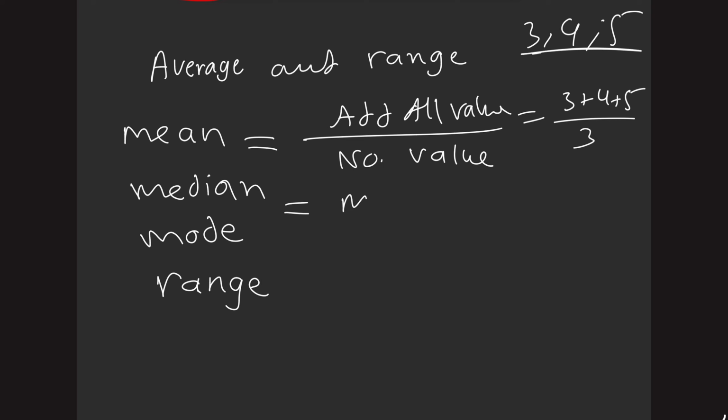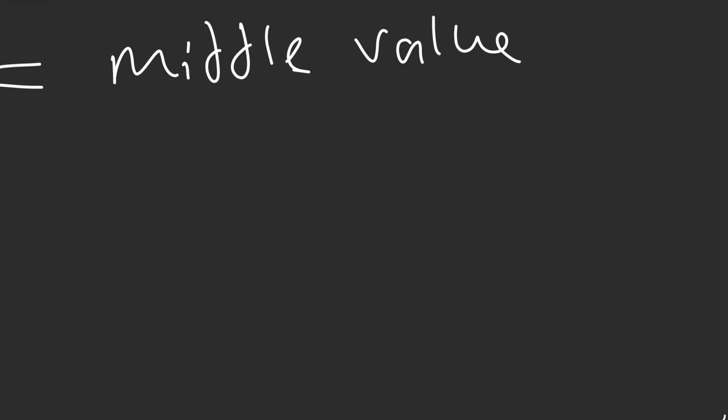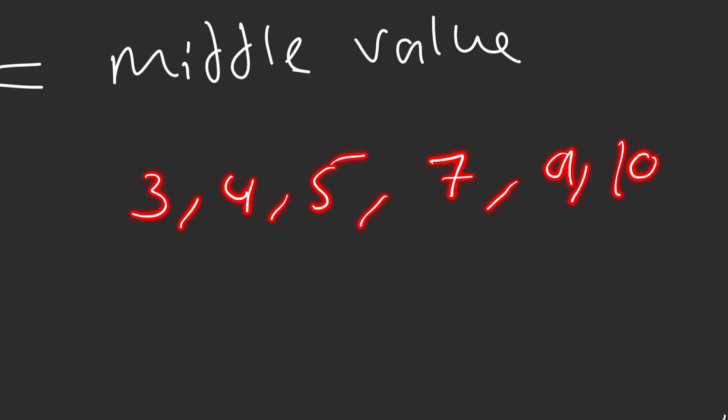Median, it's the middle value. For example, if I have a set of data here in front of us, 3, 4, 5, 7, 9. In this case, we don't have to order anything. We're just gonna cross outside numbers. 1, 2, 3, 4, 5. And there you go. Here we don't cross, right?